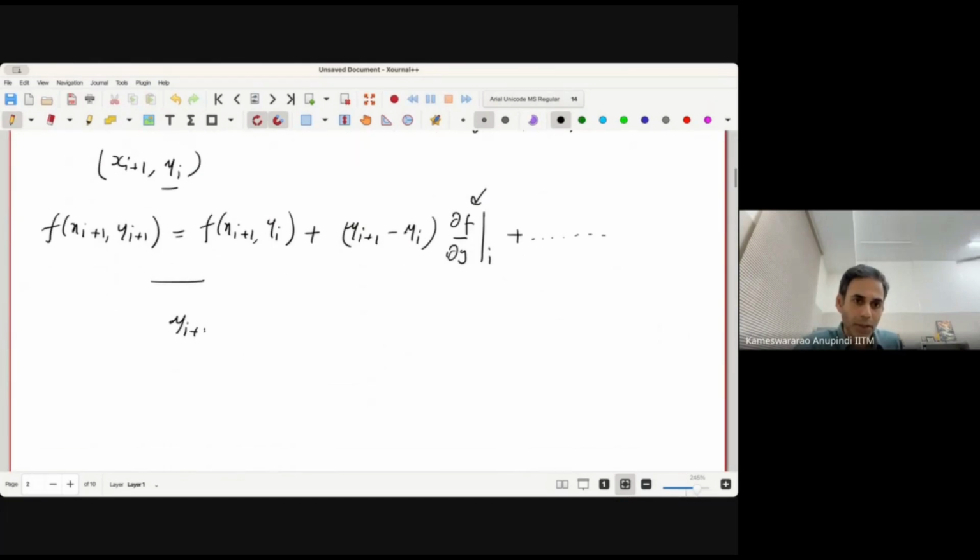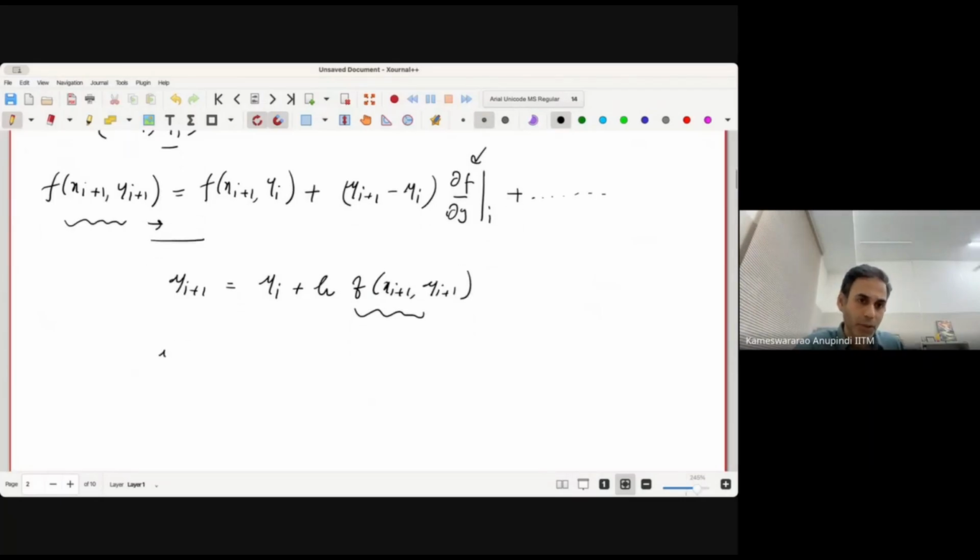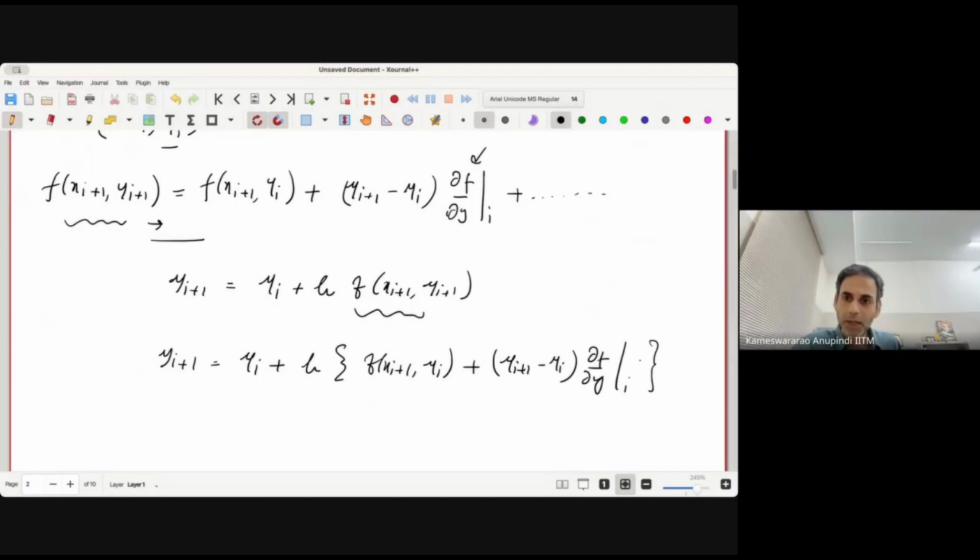The implicit Euler is y_{i+1} equals y_i plus h times f of x_{i+1}, y_{i+1}. We substitute for f of x_{i+1}, y_{i+1} from here, which gives y_{i+1} equals y_i plus h times [f of x_{i+1}, y_i plus (y_{i+1} minus y_i) times partial f by partial y at i]. Of course there are higher order terms, which we are neglecting.